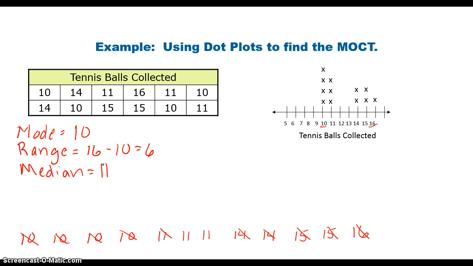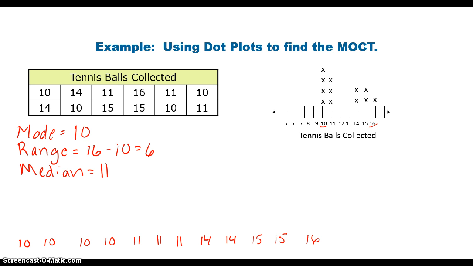Since I've already got this data written out, I can use it to find the mean. If you recall, when we find the mean, we simply add up all of our data items. And it's very simple when I have a dot plot.